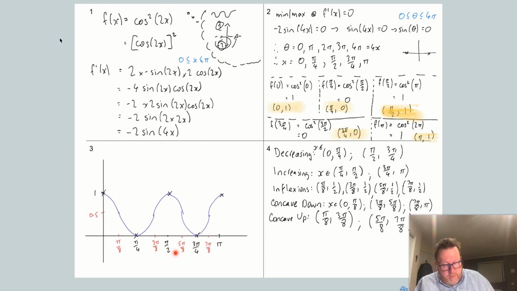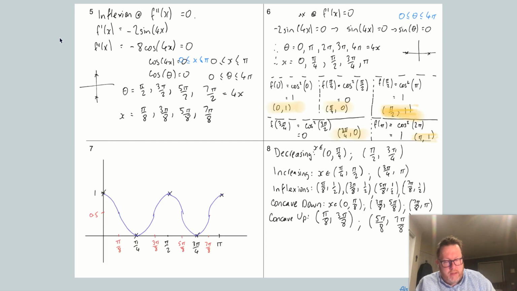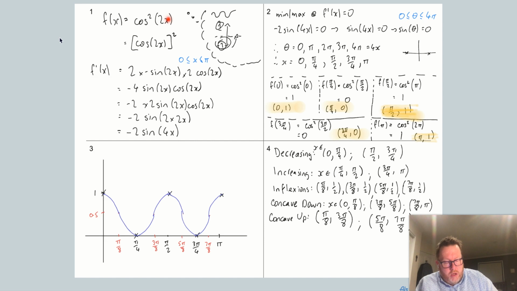In order to work out the points, of course, we would substitute those into the function, and we would get a half each time. For example, I'll just take the first one, pi on 8. We would have 2 times pi on 8, which would be pi on 4. Cosine of pi on 4 is 1 on root 2, or root 2 on 2, but 1 on root 2 is good for us to know because the square of 1 on root 2 would be 1 on 2, which is a half.